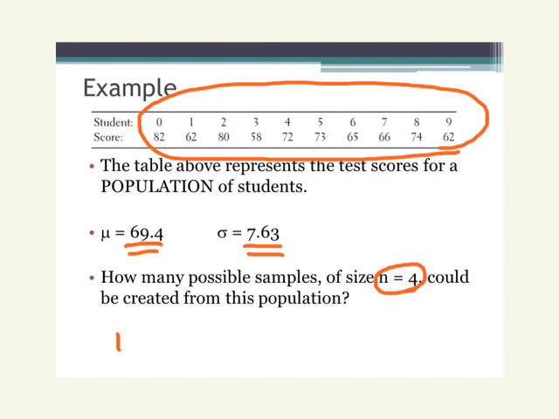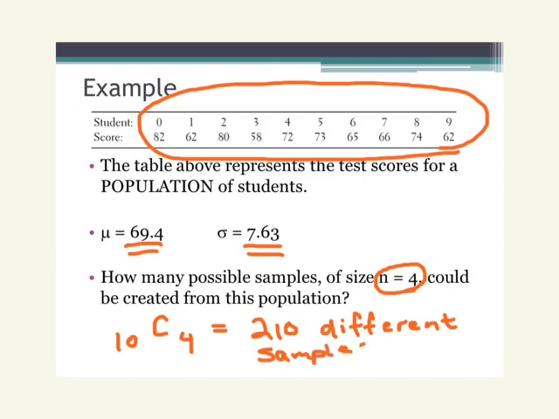If I do 10 combination 4, what I find out is there are 210 different samples of size 4 that could be created from these 10 test scores. So just think about that.